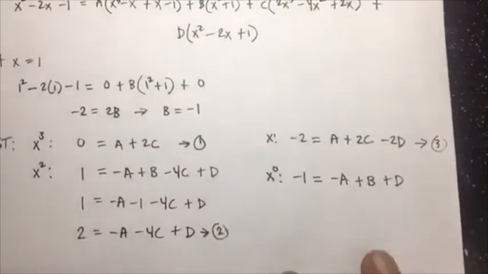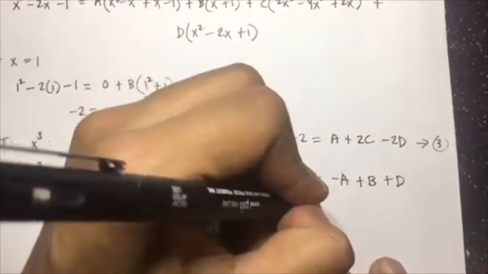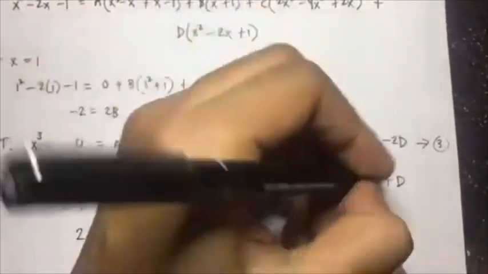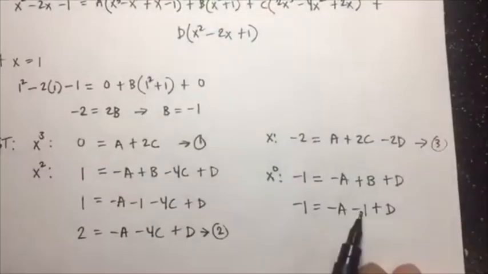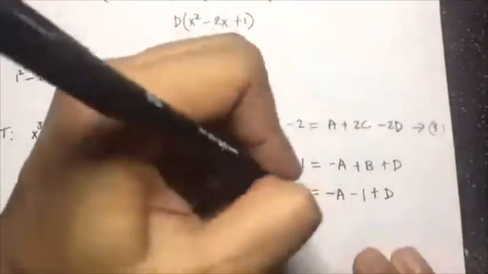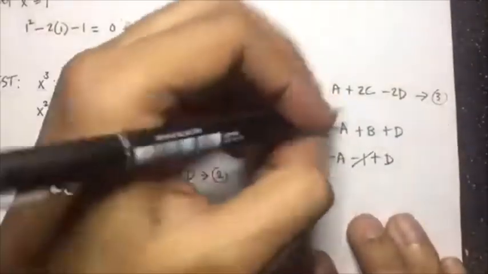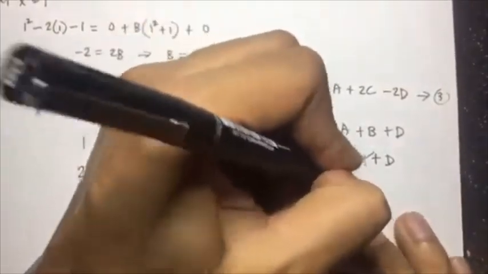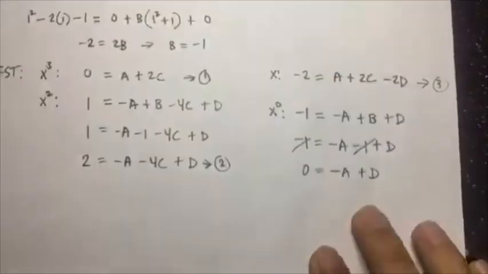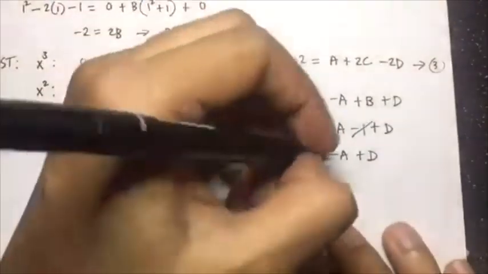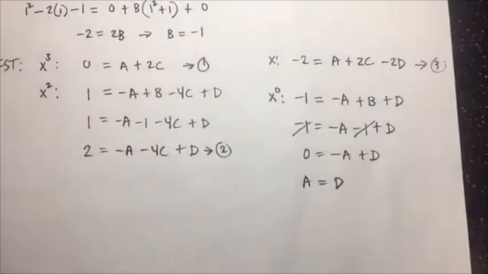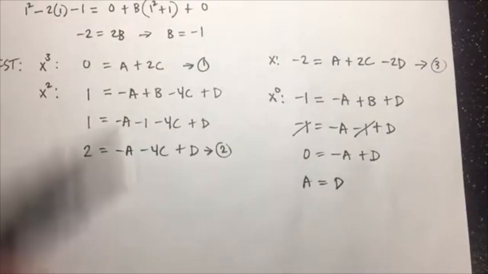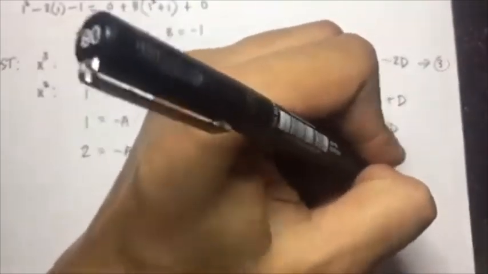Okay, since we know that b is equal to negative 1, then negative 1 will cancel out. So therefore, we will have negative a plus d is equal to 0. Or if we transpose a, we can also see that a is equal to d. Okay, so let this be our equation 4.